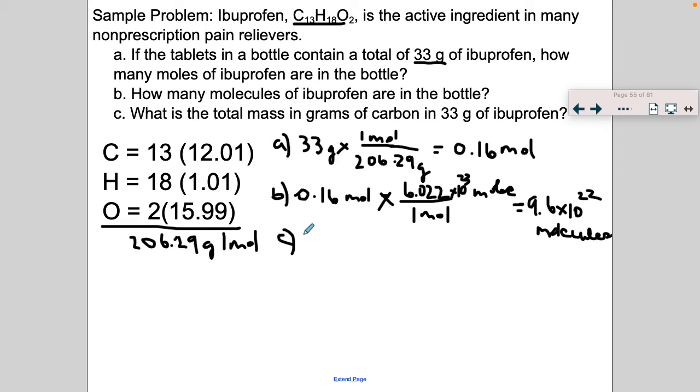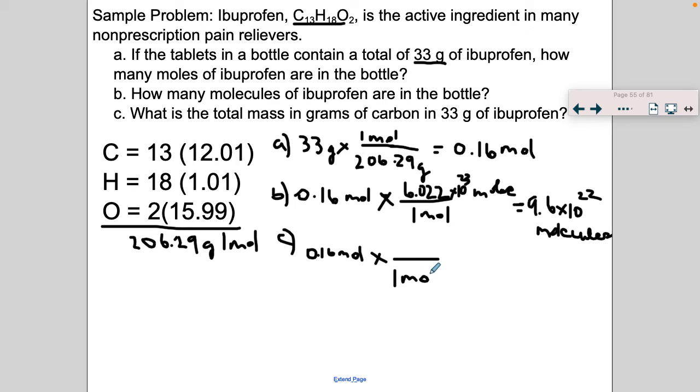Sorry, I'm going to start over. The amount of moles we have of ibuprofen is 0.16. So moles of ibuprofen will be on the bottom, and then it will be the mass of carbon, and then 1 mole of ibuprofen.